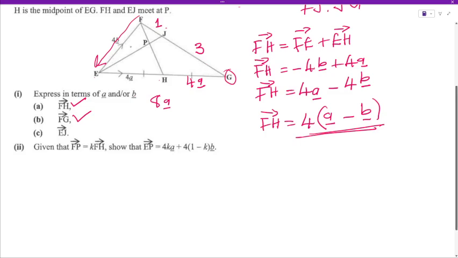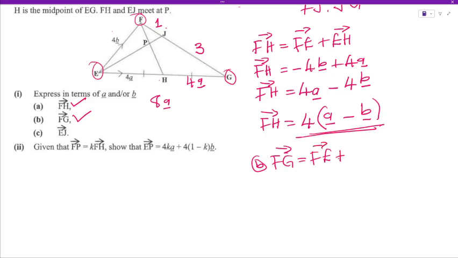So let us plug in those vectors. To find FG, we're going to move from F to vector E, vector FE, plus, and then we move from E all the way to G, so EG. Then we plug in the actual values for those vectors. What is FE? Remember, we're heading against the direction of the vector.